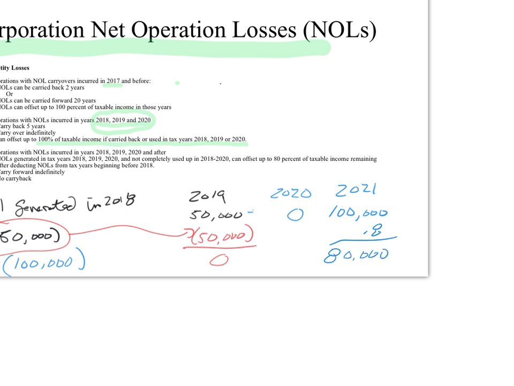So you can use $80,000 of that net operating loss, but you're still going to have $20,000 of taxable income in 2021.